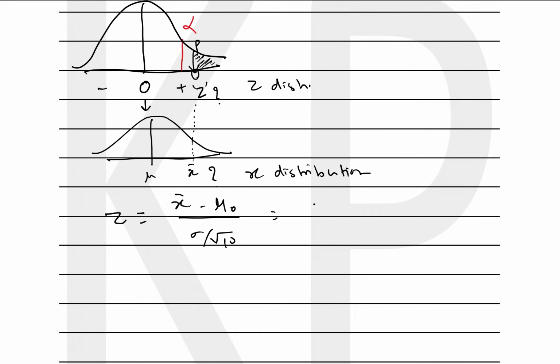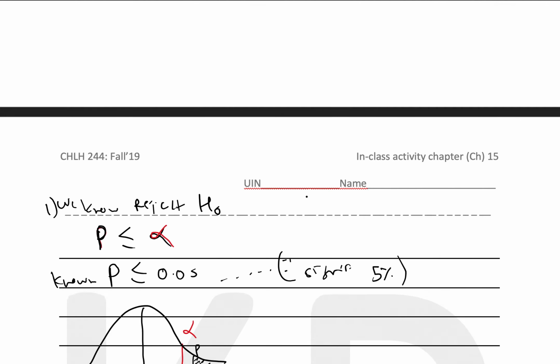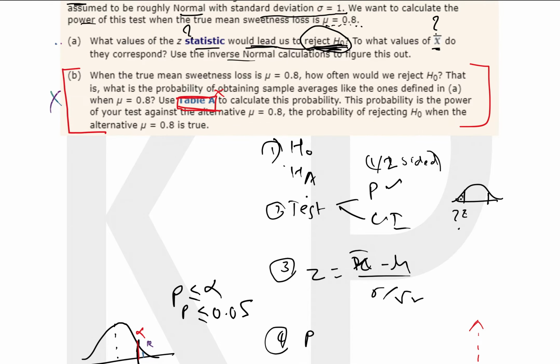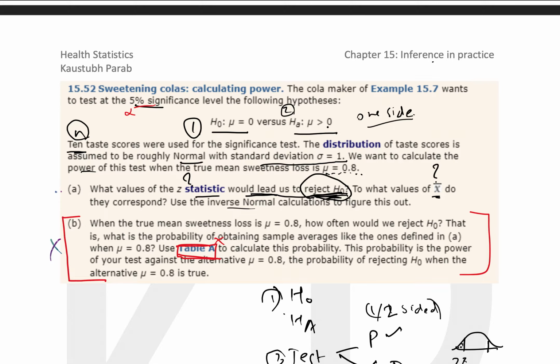We know these things, we don't have to solve this, but just for explanation, this mu is 0 and then 1 over square root of 10 is given to us. Because we know the alternative is one-sided, since it is mu greater than 0, we reject the null.